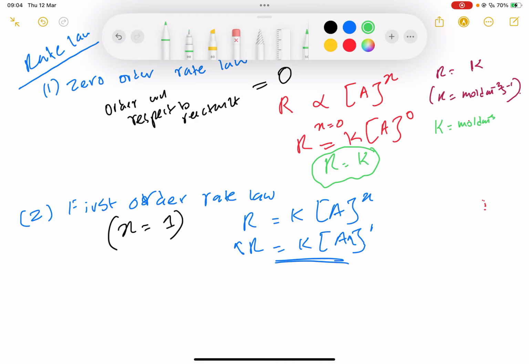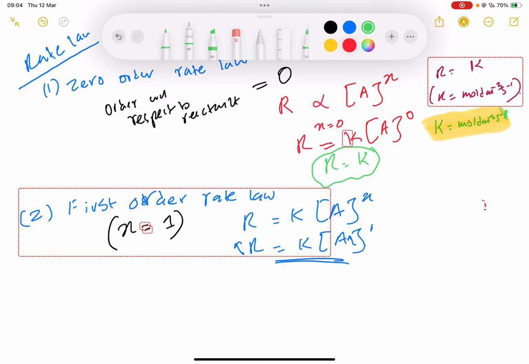Mole per decimeter cube per second, for a zeroth order reaction. But this unit of k is very special. It changes with the different orders of the rate law. The unit of k will change.